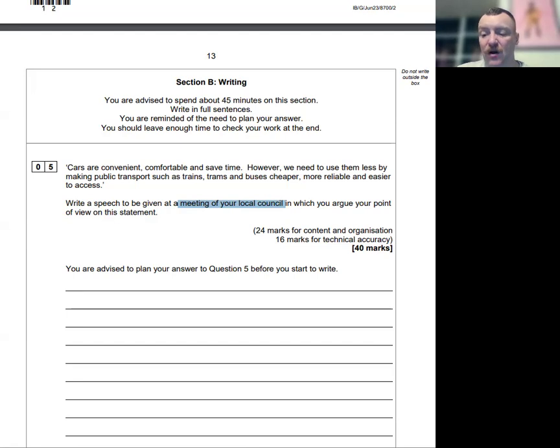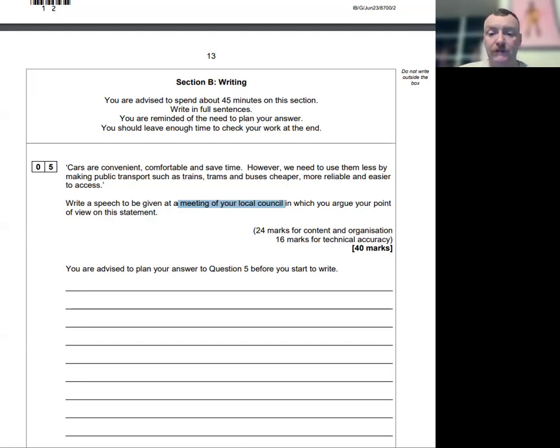But perhaps, as we know, public transport isn't always reliable. It's quite expensive. So we could think about, right, how could we persuade the councillors to make it a bit more affordable, a bit cheaper for someone of your age? Perhaps someone's in year 11. I don't know if you're in college. You could be an adult learner, but we're trying to persuade that group of people that things need to change.